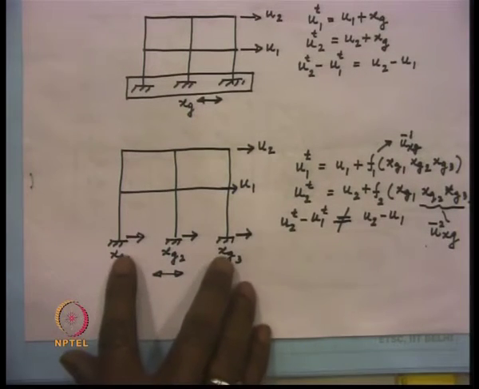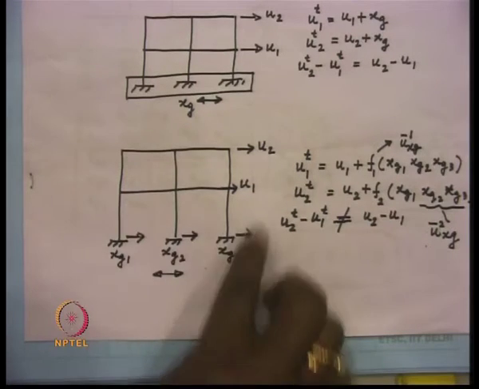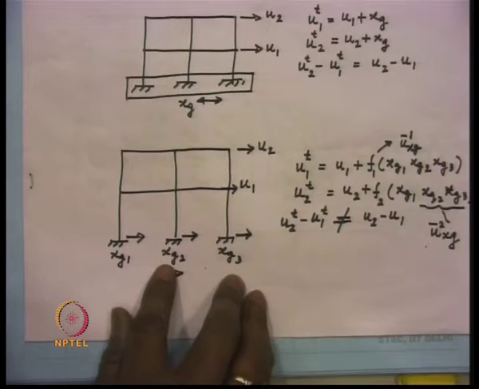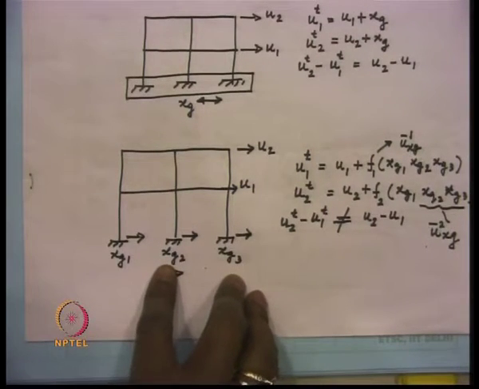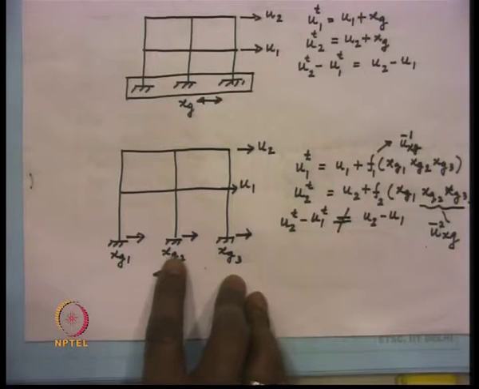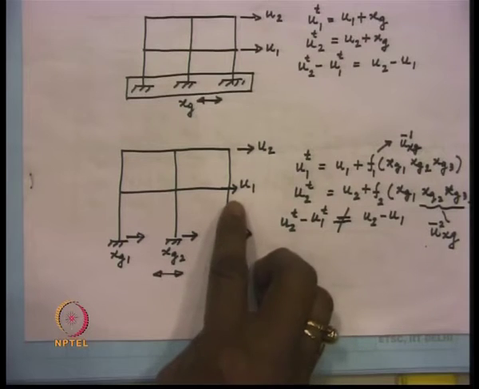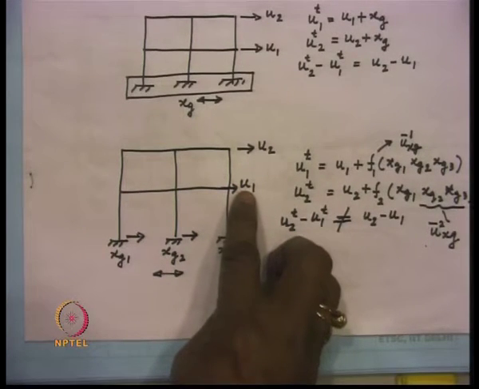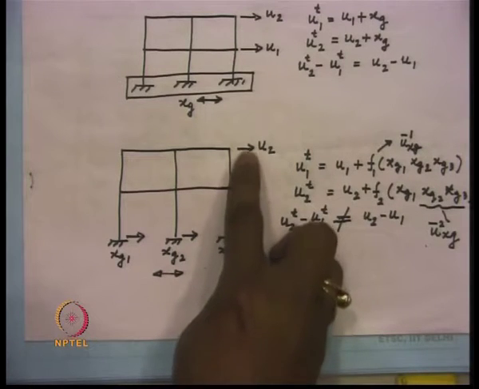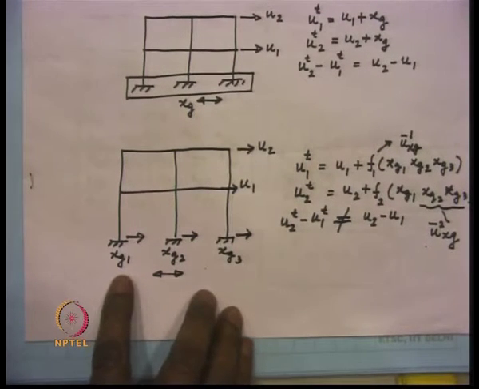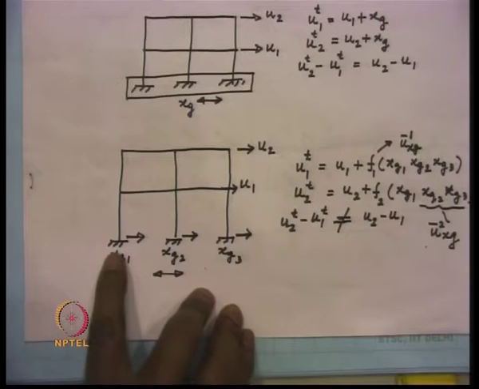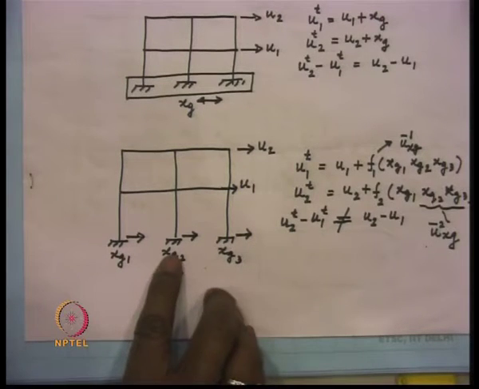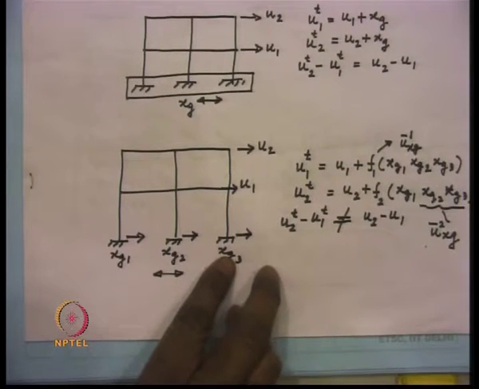Now, this can be obtained by purely a static analysis, which can be performed at any instant of time t in order to find out the displacement that takes place at this point and at this point because of the differential displacement of the supports.